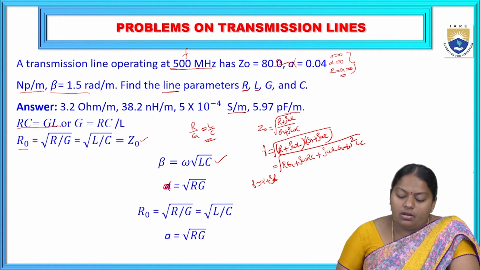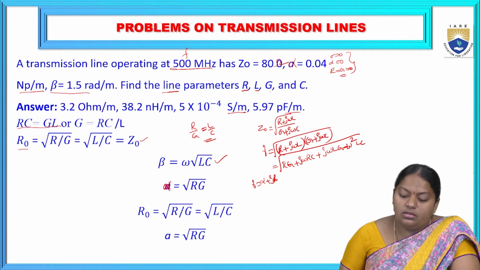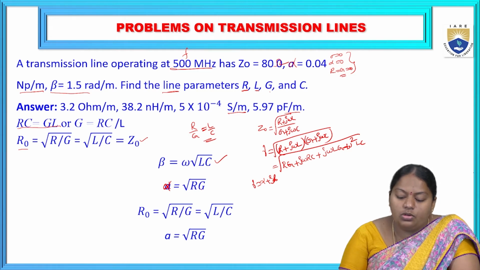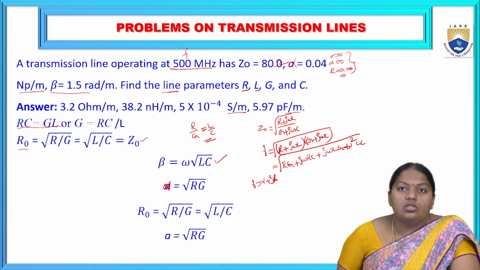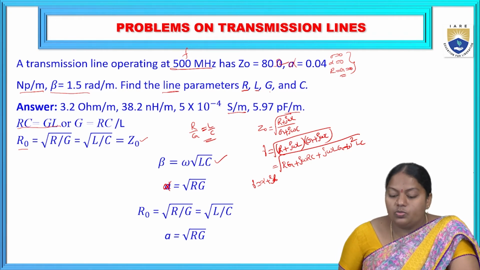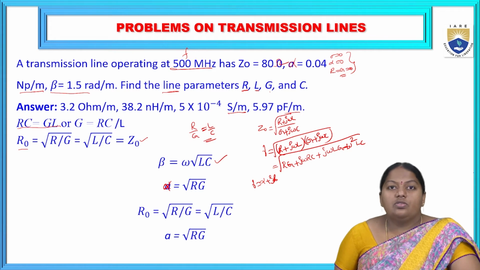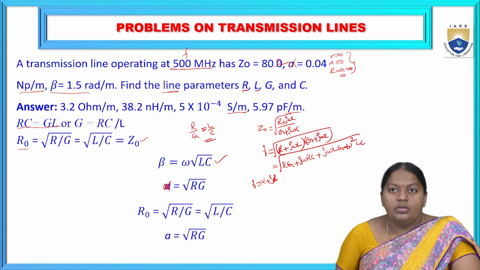So by simplifying, if you substitute over here alpha value 0.04, then root over RG. Then by equating these two, R by G equal to root RG, and by simplifying these two, all the primary constants of a transmission line are obtained, and all are respectively measured per meter or per kilometer.